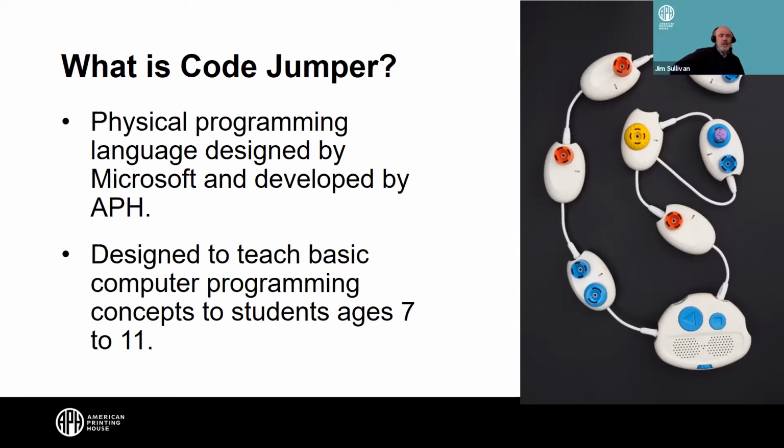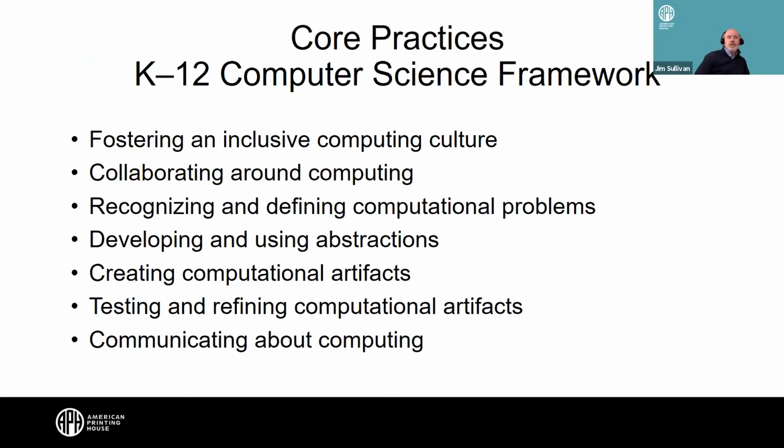All right, so Nikki, can you advance to the next slide? So in talking about what CodeJumper is, there is a K-12 computer science framework that includes some core practices. Computer science really should foster an inclusive computing culture.